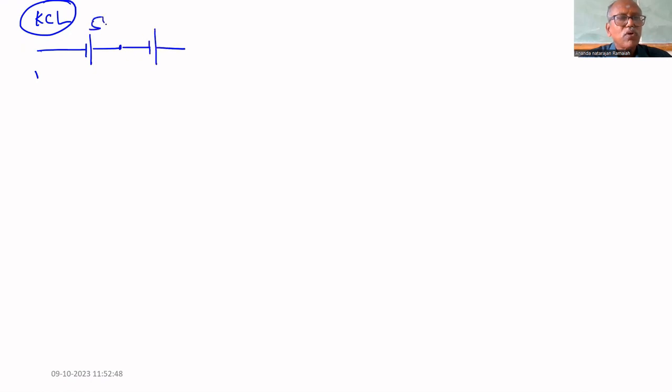Now let us solve this same sum by using Kirchhoff's current law, KCL. If you use KCL, the circuit has 5 volt, 6 volt, 5 ohm, 6 ohm, 7 ohm.